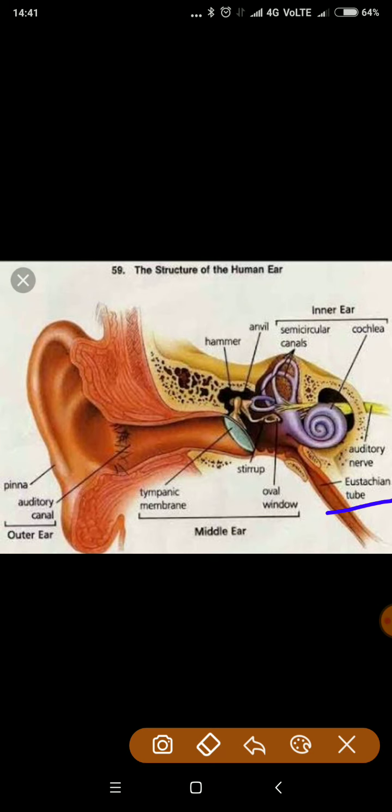It is a canal that connects the middle ear to the nasopharynx, right? आपके जो नोज़ का जो लास्ट वाला पार्ट है, जो नेज़ोफैरिंक्स है, उससे कनेक्ट करता है. Repeat myself, it is a canal that connects the middle ear to the nasopharynx, which consists of the upper throat and the back of the nasal cavity.